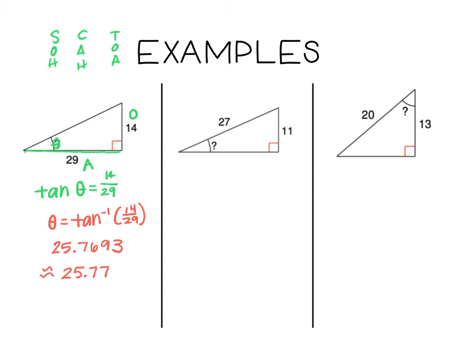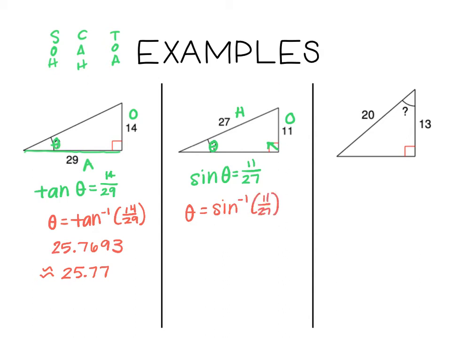In our next example, again, I'm working with theta. I've got an opposite side and then the hypotenuse. I know that's the hypotenuse because the right angle is pointing at it. Since I have opposite and hypotenuse, I know I'm going to be using sine. So the sine of theta equals 11 over 27. When I use that inverse, theta equals the inverse sine of 11 over 27.